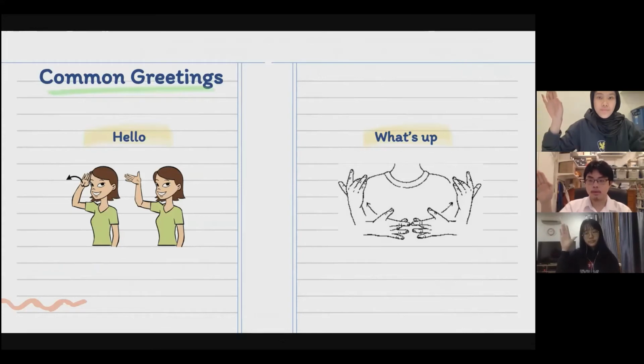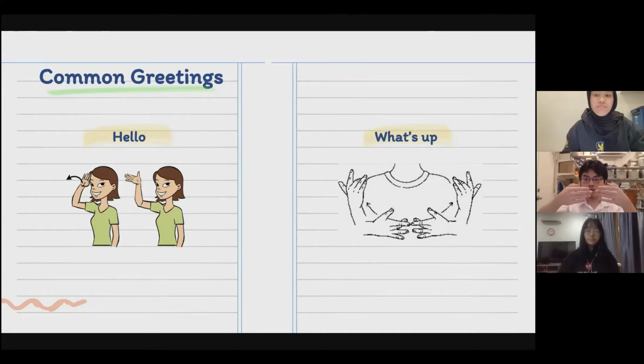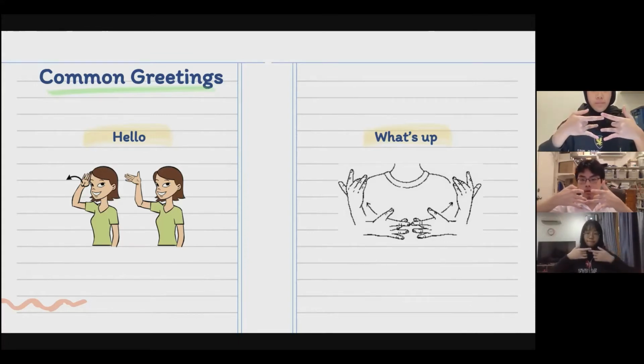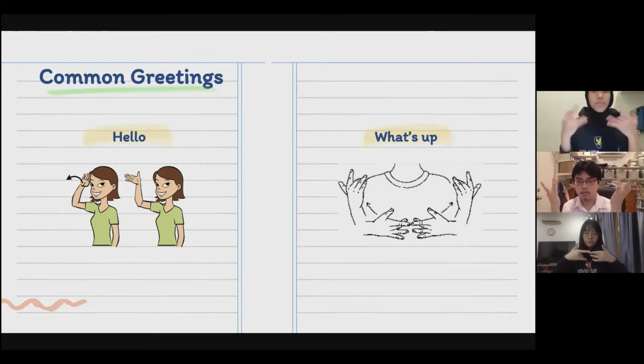Now, this is how you would formally say it, but alternatively, you could just wave. I'm pretty sure you would still get your message across. And another common greeting is "What's up?" So with your hands in the middle like this, you put your middle finger in, and then you twitch it like this.